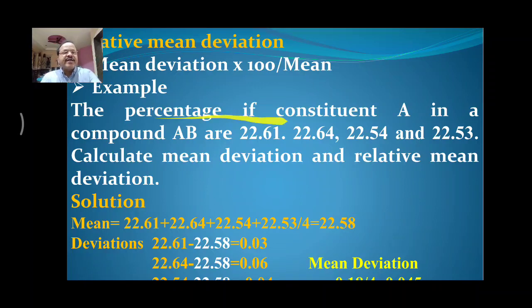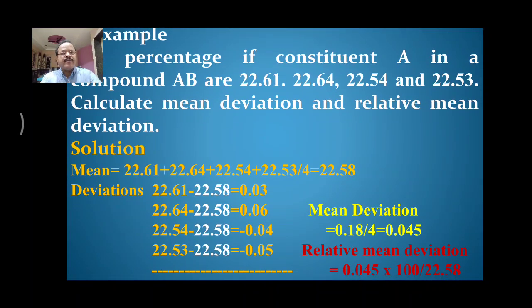The percentage of constituent A in a compound AB are 22.61, 22.64, 22.54 and 22.53. Calculate mean deviation and relative deviation. So this is the problem.